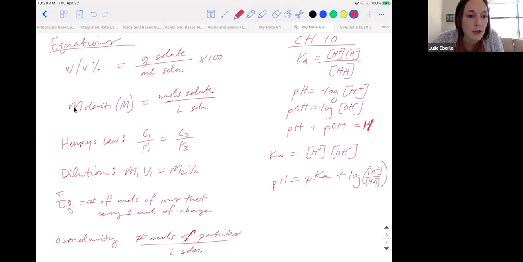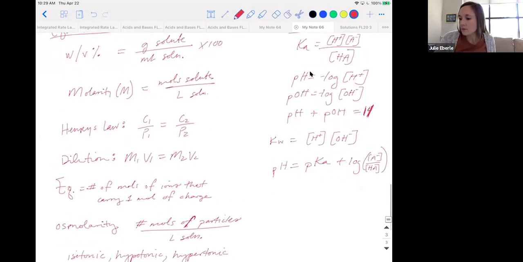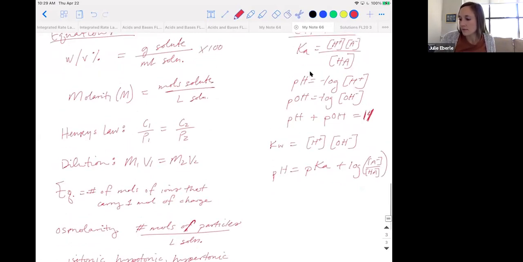All right, Tyler wants to look at 9.48 from the textbook. I have it right here, 9.48. Here it is. Sorry, some of y'all may still be writing.